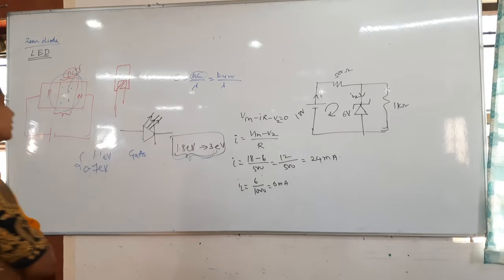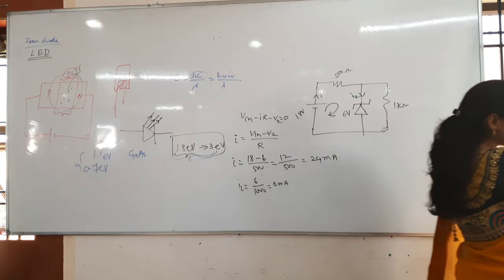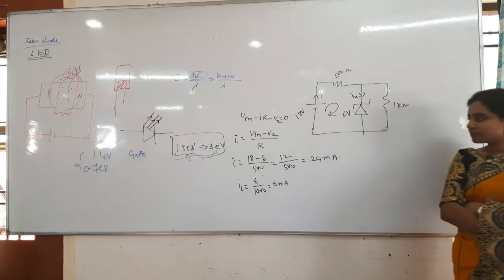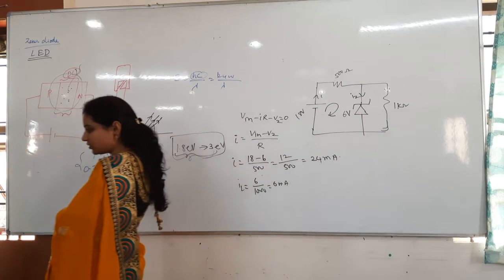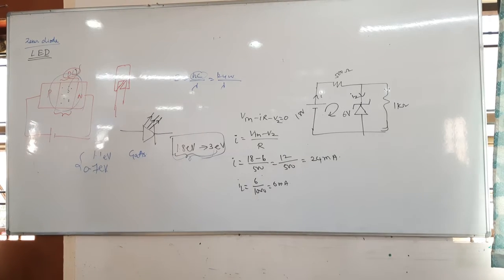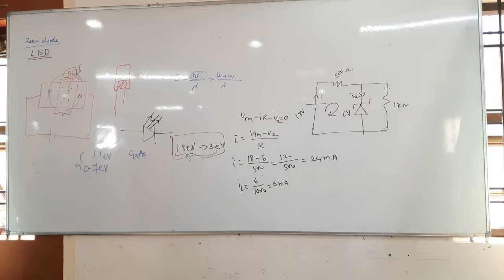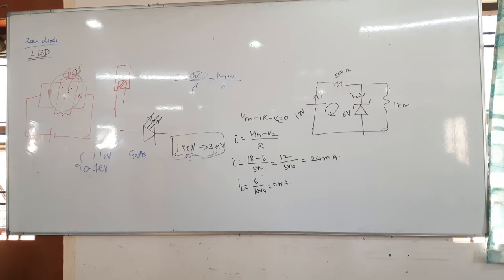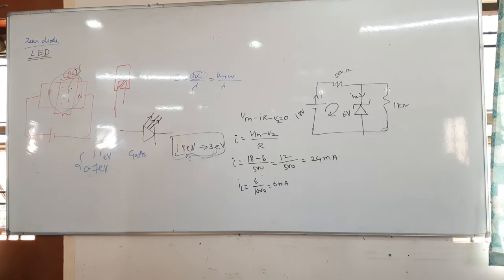In the next line, the semiconductors which have the energy gap range of 1.8 electron volts to 3 electron volts will radiate light energy.